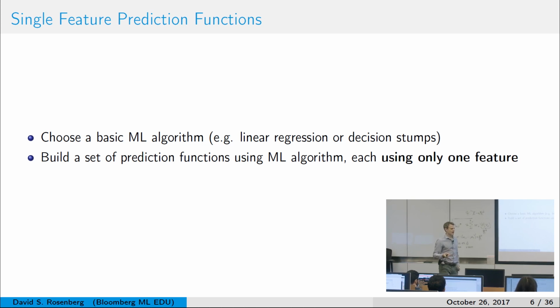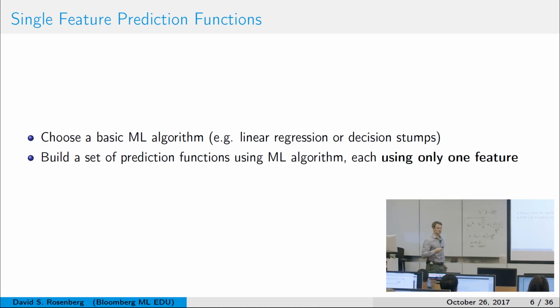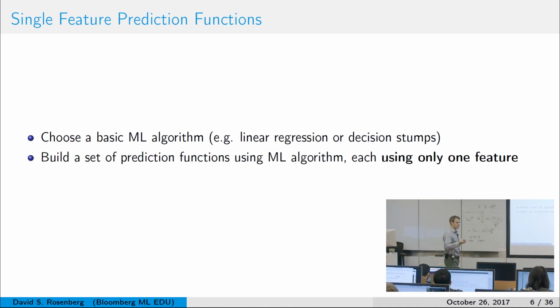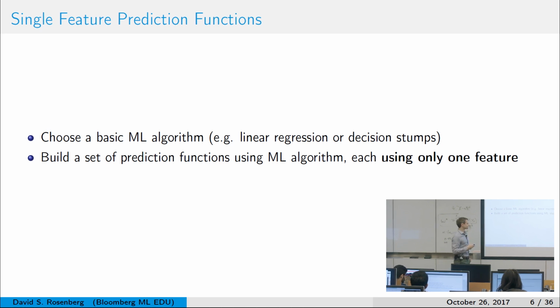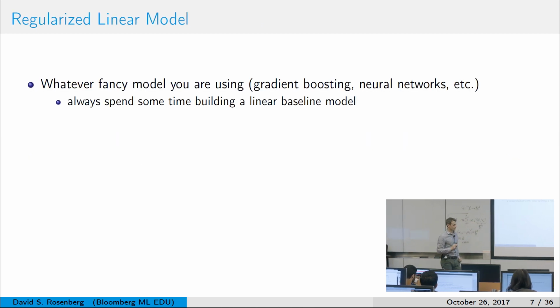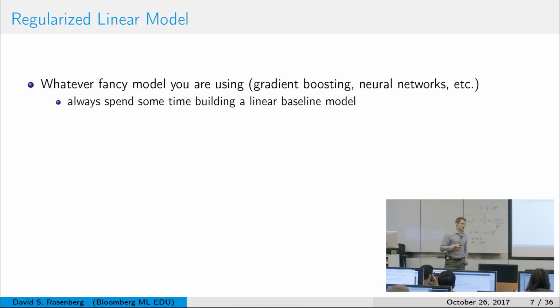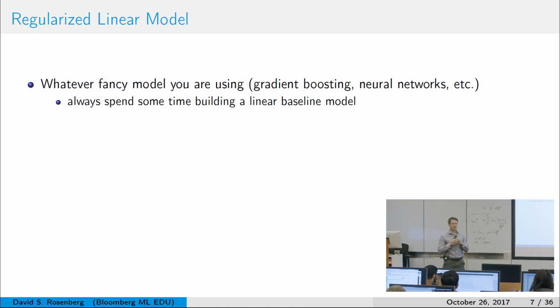Next, try using one feature at a time. OK? Try building a simple model, maybe a linear model, or we'll do decision stumps later that use just one feature at a time. Find the one that works the best and let that be your next simplest baseline. Okay. Everything we've talked about so far could probably be considered a baseline for future exploration.